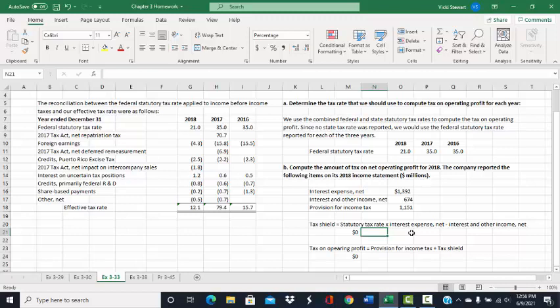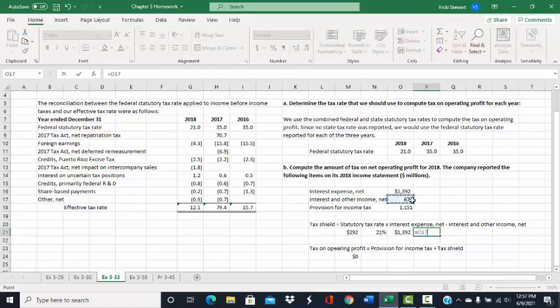So the tax shield is equal to the statutory tax rate, which for 2018 was 21%, and then we'll multiply that by the net amount of non-operating expense. So we had net interest expense for 2018 of $1,392 million, and we had net interest and other income of $674 million.